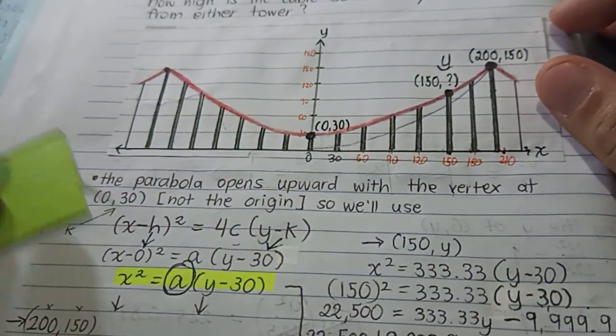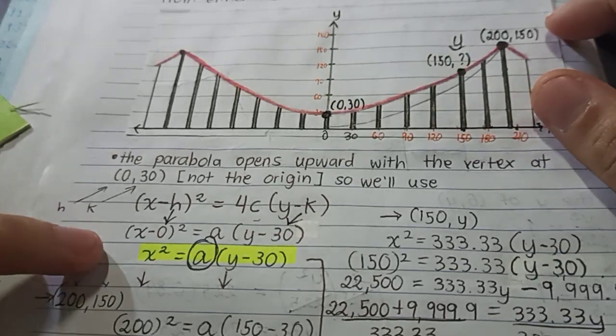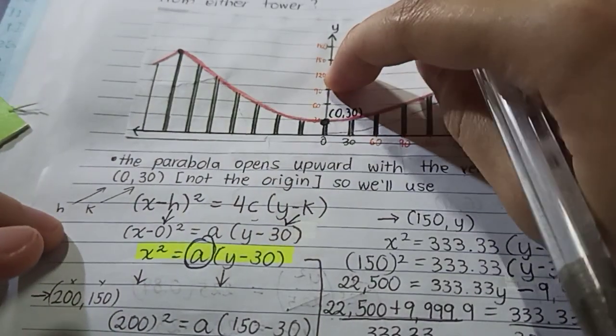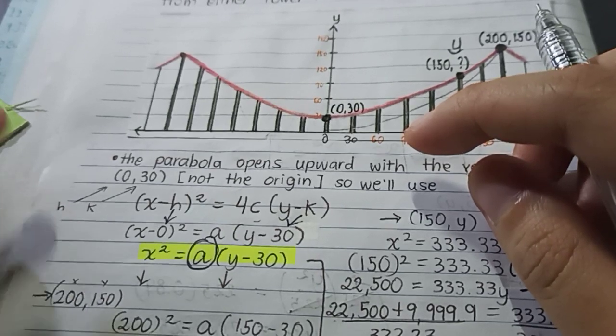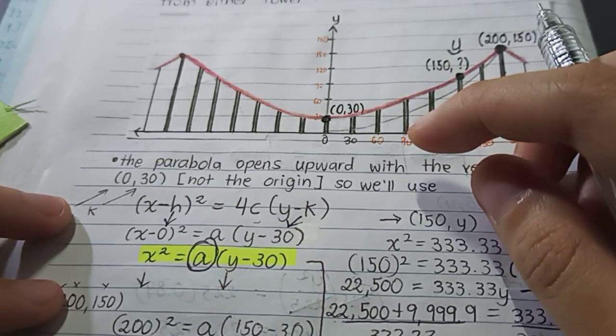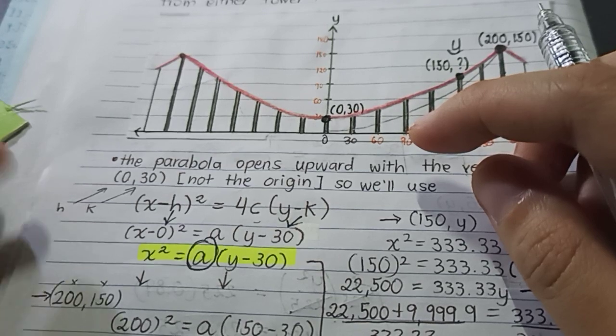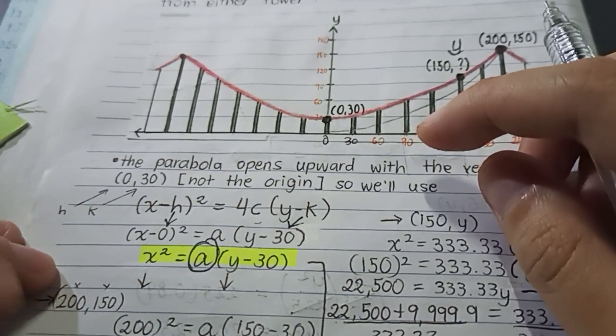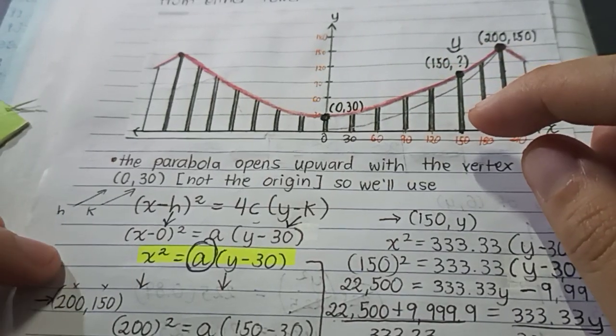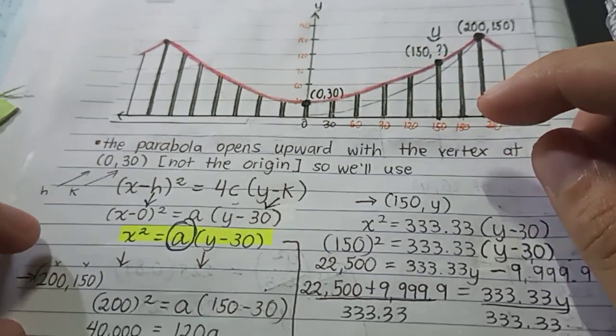Now again, this happened because we are not given the focus and the directrix. So, is that allowed? We are not given the focus and the directrix? Yes. That's why we don't have any way to find c. And so we use algebraic manipulation here.